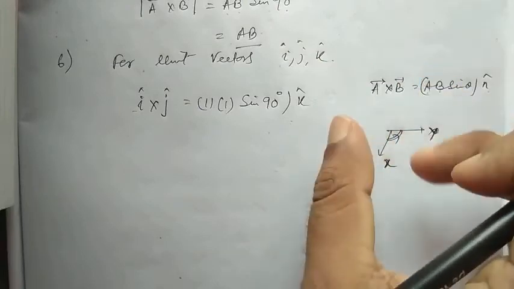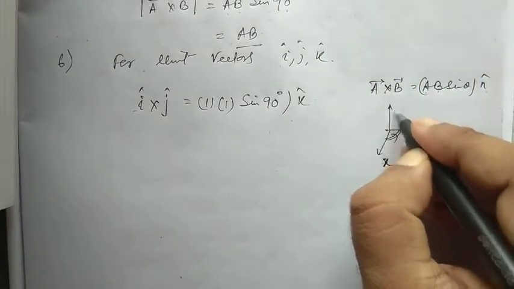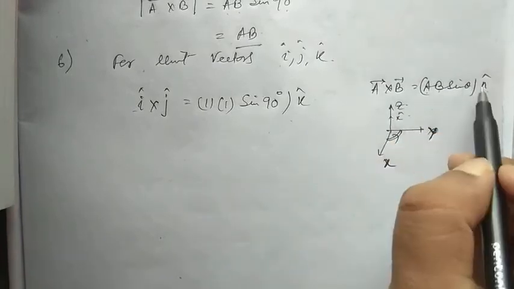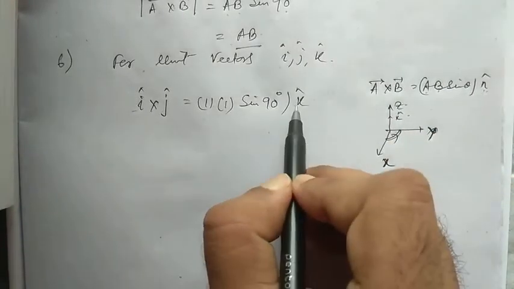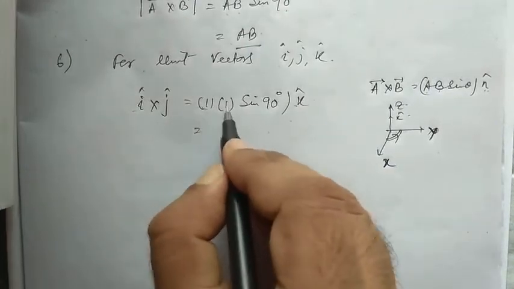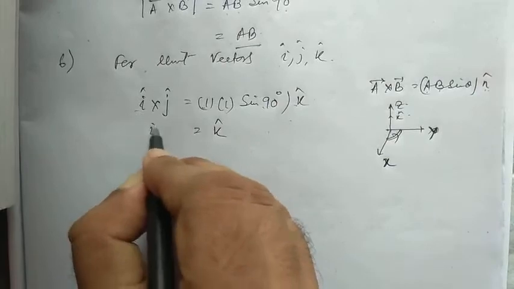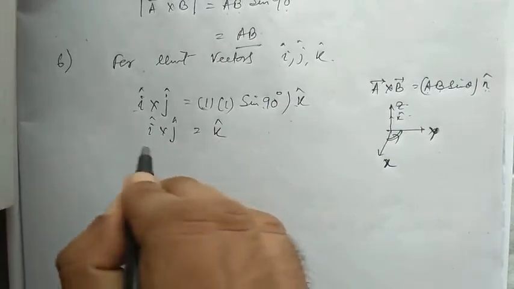So if we move like this, this will be the direction of z. That means the unit vector along z axis will be k cap. So 1 into 1 into sine 90, and sine 90 is also 1. So it results in k cap. So i cross vector j results in k cap.